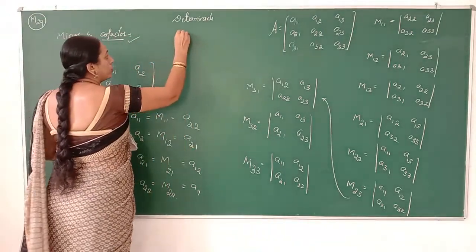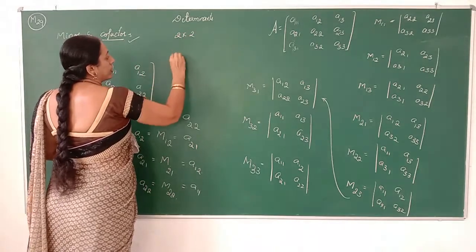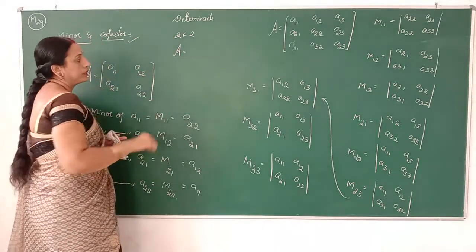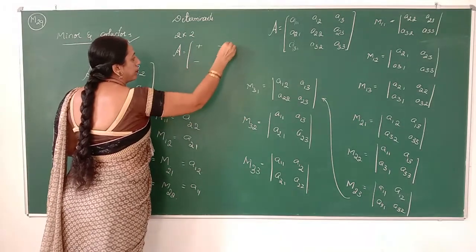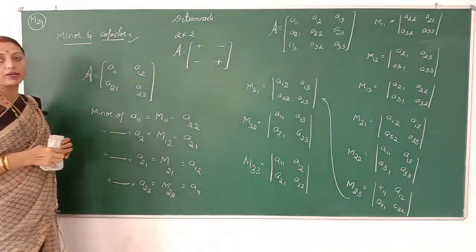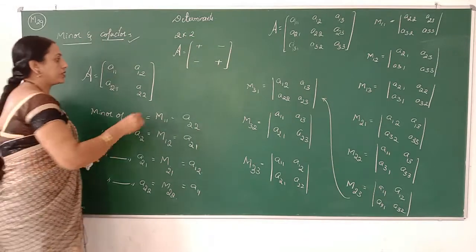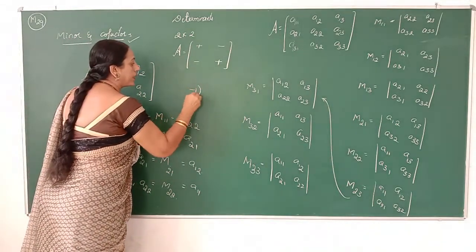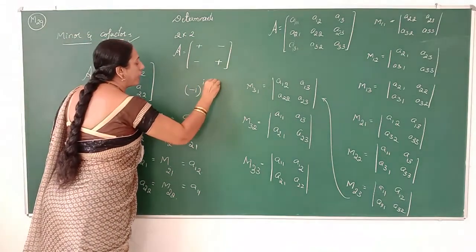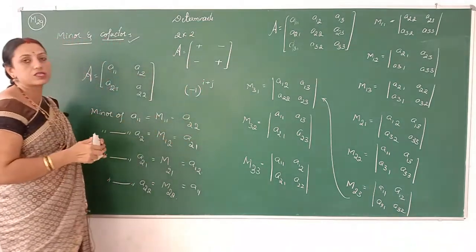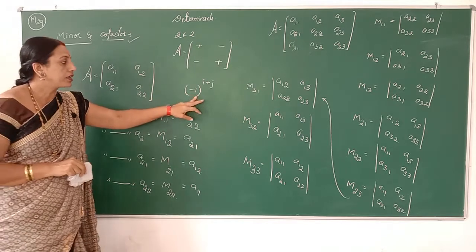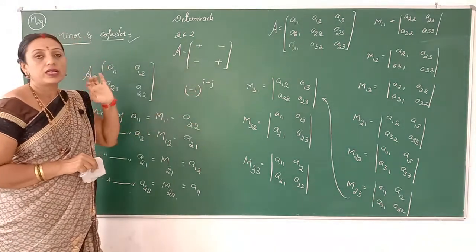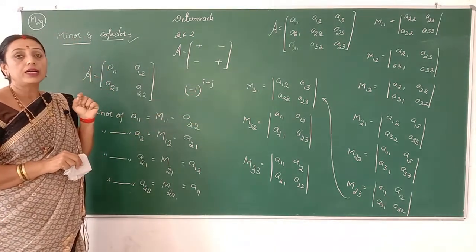For a 2 cross 2 determinant, the signs are plus, minus, minus, plus. These are generally denoted by minus 1 to the power of i plus j, which is the corresponding sign of each element of the determinant.